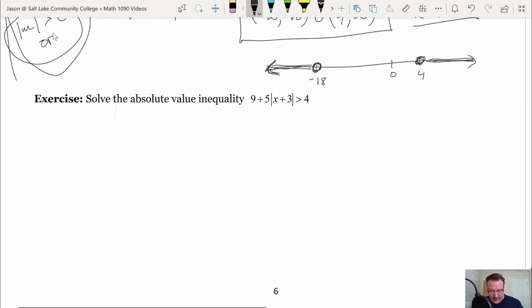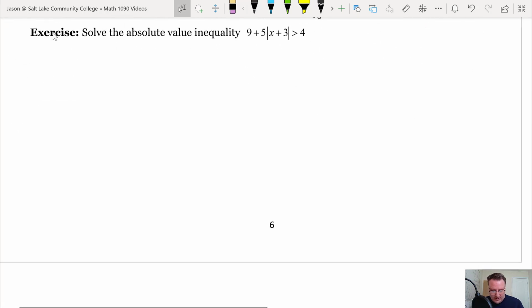Okay, in this next exercise, we're going to see something interesting that can happen. Again, this is going to be one of the or cases, right? But I haven't gotten there yet. First, we've got to simplify this down until we have just a single absolute value expression on one side of the inequality and a constant on the other side.